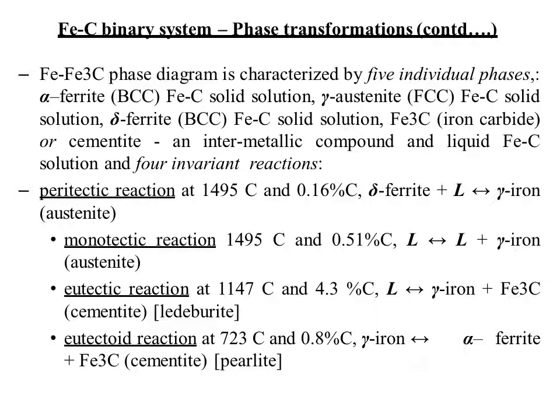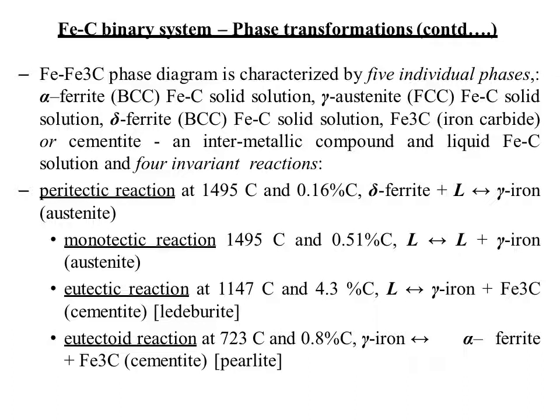So at various temperatures various reactions happen, and depending on the percentage of carbon the output also differs. So here you will have alpha iron when you have 4.3 percent of carbon, then it will give you alpha iron plus Fe3C, which is cementite.